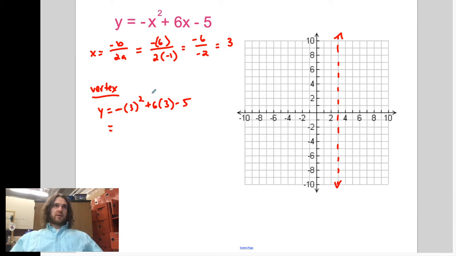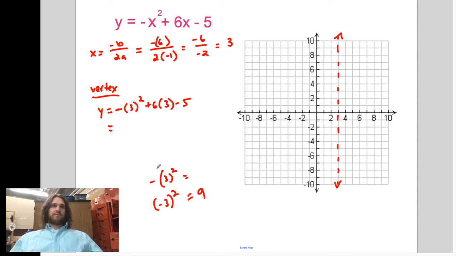Negative 3 squared. What is that? Well, I'll tell you what. Negative 3 squared and negative 3 squared with the negative on the inside are not the same. One of them is negative and one of them is positive. If the negative's included, then it is part of the multiplication, so it's negative 3 times negative 3. This one is positive 9.